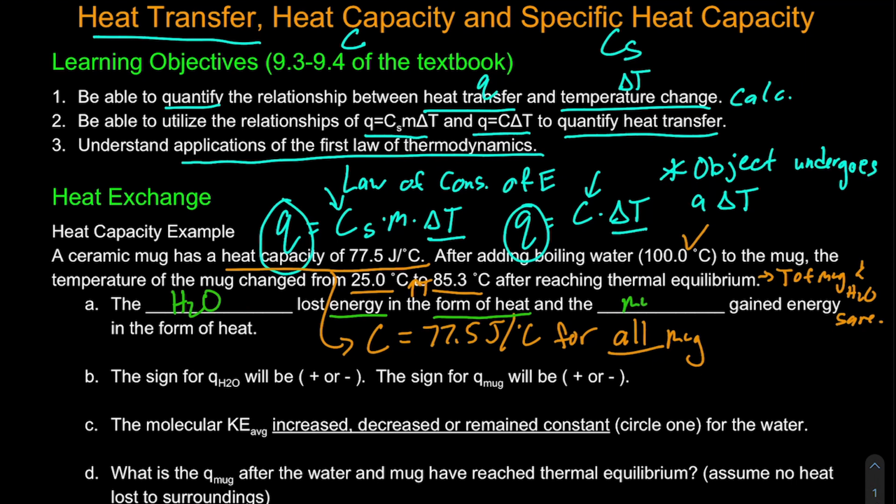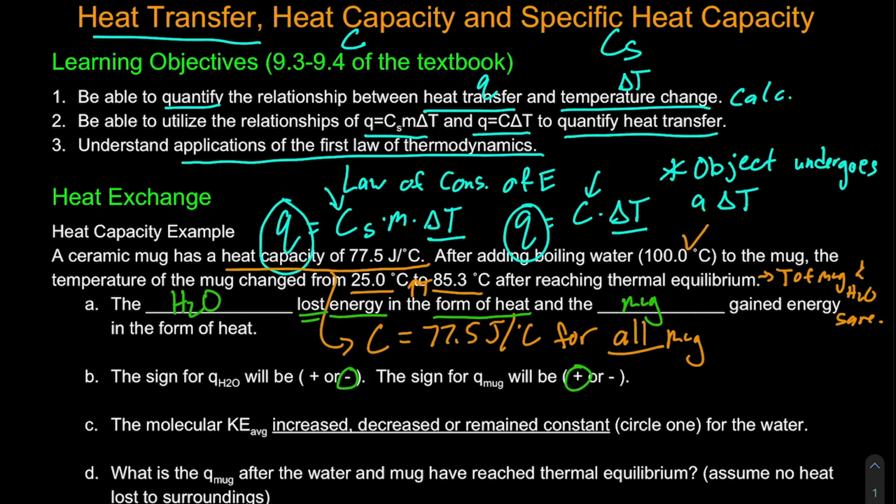And the mug is going to gain that energy in the form of heat. So what does that mean with regards to the signs that we should calculate? The Q for the water should be negative, because we lost energy, lost heat. And the Q for the mug should be positive because it's gaining heat as we transfer that heat from one object to the next.